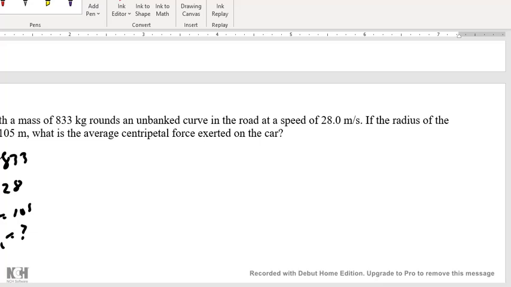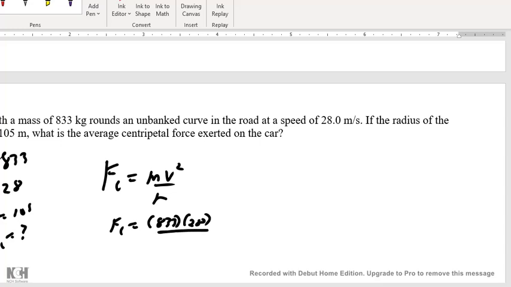Come over here, write a formula. In looking for FC, what formula do I need? FC equals MV squared over R. Plug in for M, 833. Plug in for V, 28, divided by 105. Don't forget to square that.